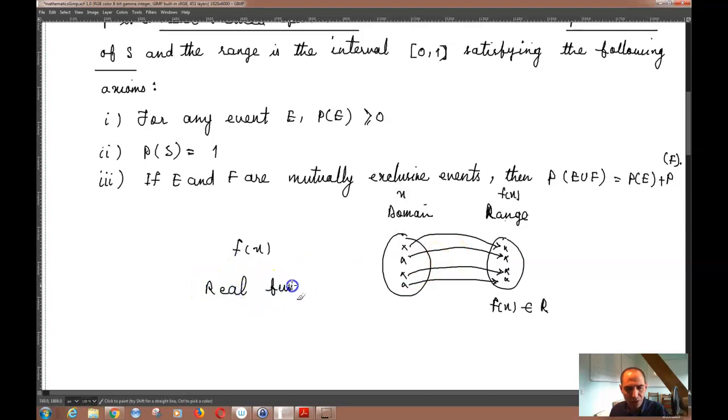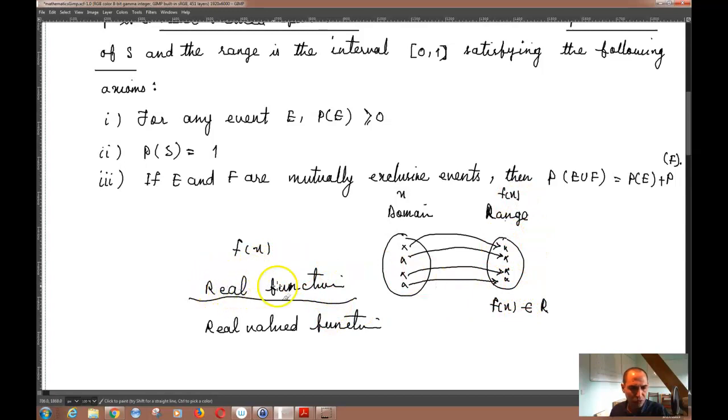A real valued function is a mapping from some domain to some range, and this range is the set of real numbers.